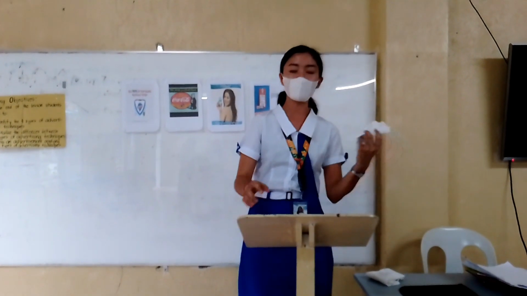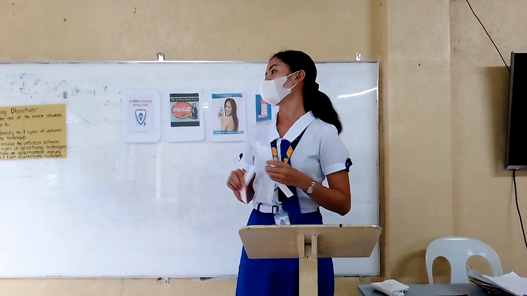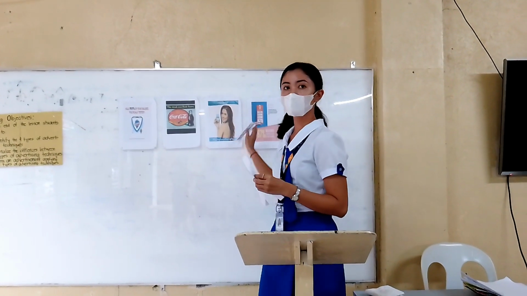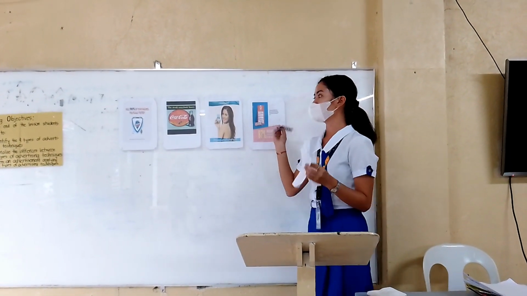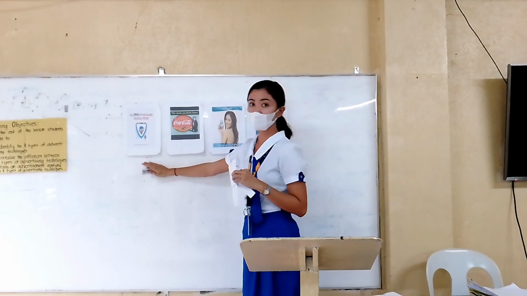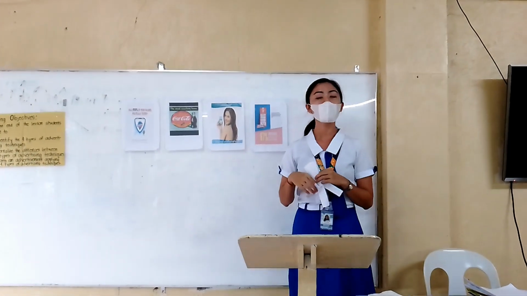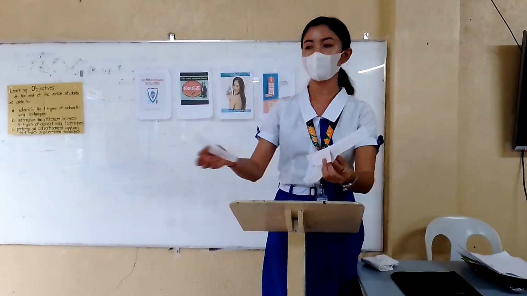So let's review our knowledge. I have here some strips of paper. So you will identify these pictures and answer it under each picture. So who will volunteer? Okay, Casey, RP, Myria, Easy.